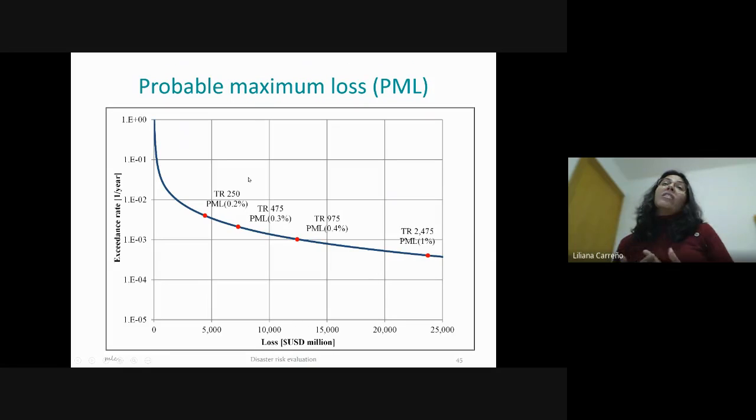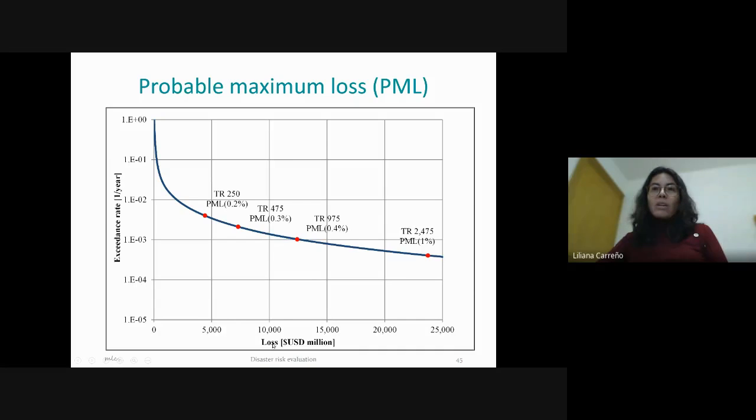Another kind of result that we can find in this analysis is the probable maximum loss. I can read directly from the loss exceedance curve the probable maximum loss for different return periods. Now I'm talking about the return period of the losses, not the hazardous events.